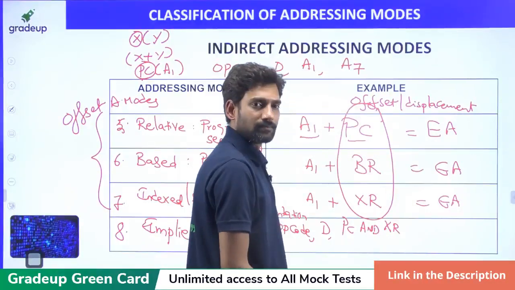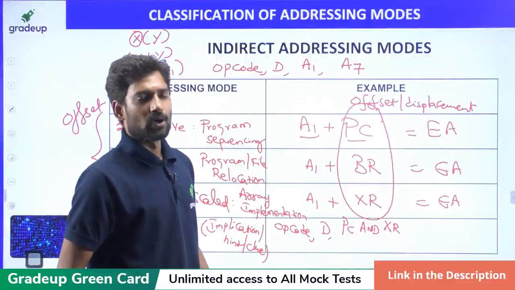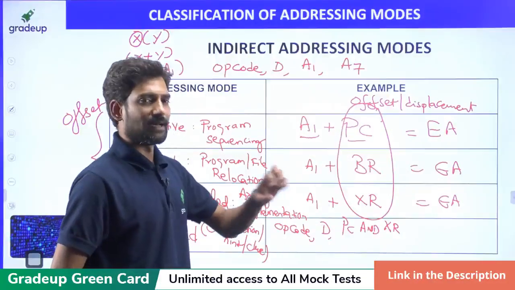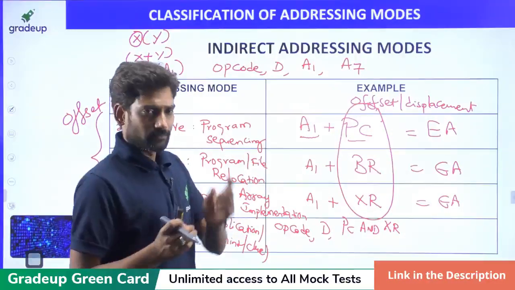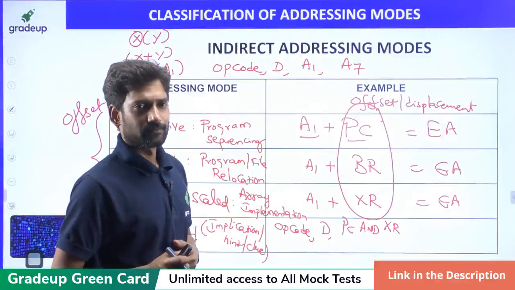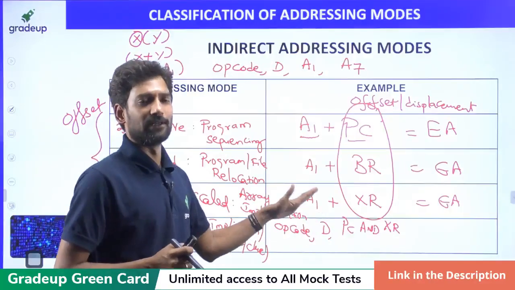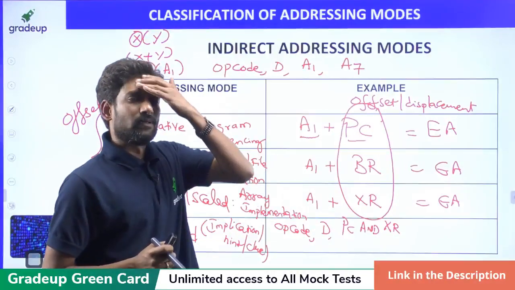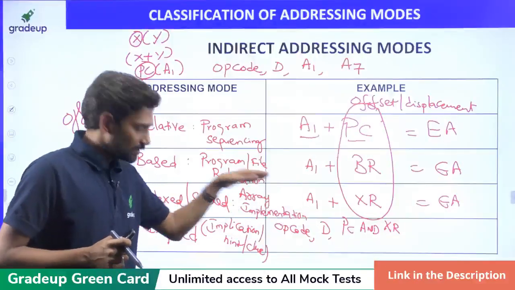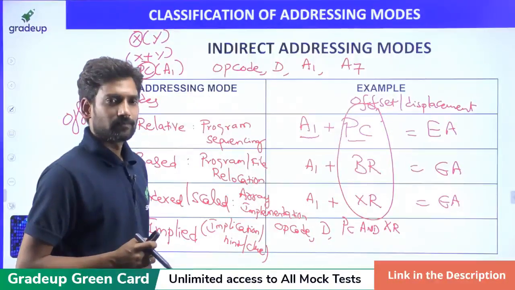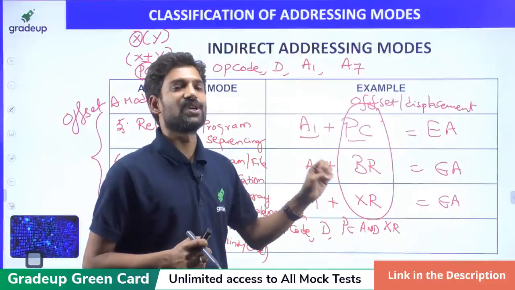PC and XR I have given. So how do you get the actual address? PC value, XR index register value. When you do an AND operation, that result is the correct address. Did you understand? It's a completely different way. So if the location of the operand is implicit, the location is in the instruction only, but you should extract it, you should chase it.